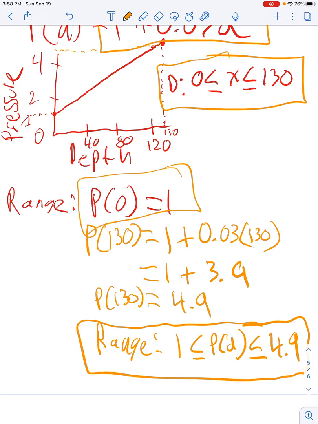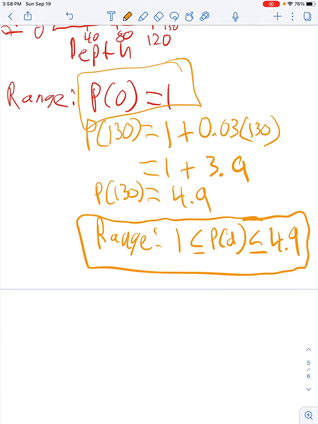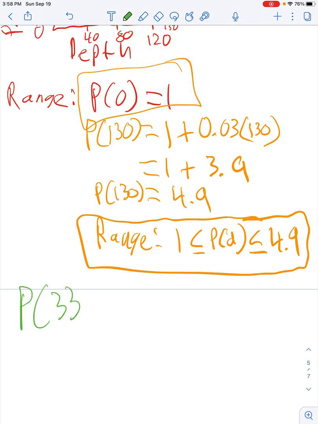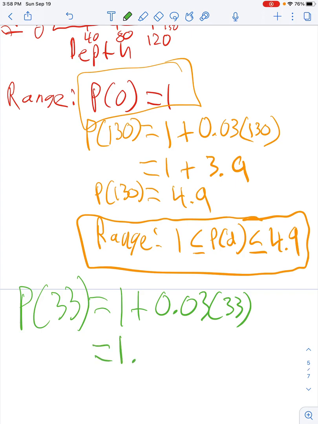The last part of the question is, what is the pressure on the diver at a depth of 33 feet? So I'm going to take my equation, P of 33, and every time I see a D, I'm going to plug in a 33 and solve it. So 0.03 times 33 is 0.99. 1 plus 0.99 equals 1.99.